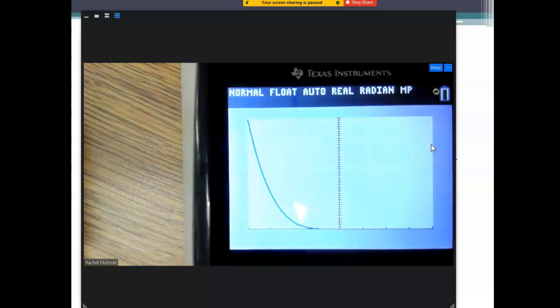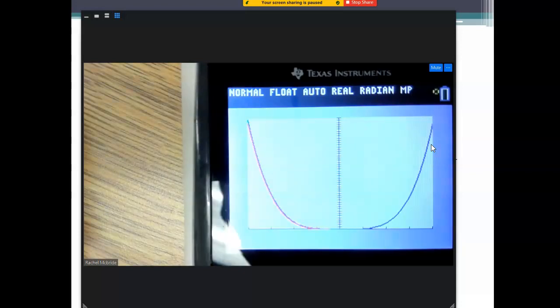If I make those numbers a little bigger, it'll graph quicker. Okay, so remember the blue one was the original. The red one is y2.